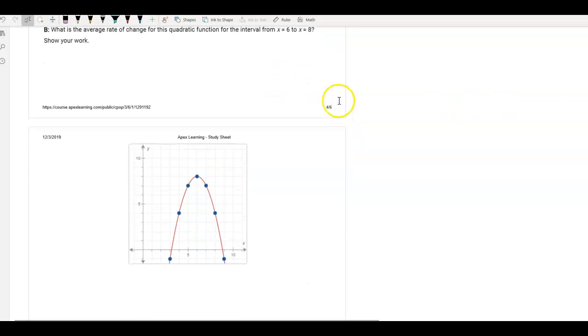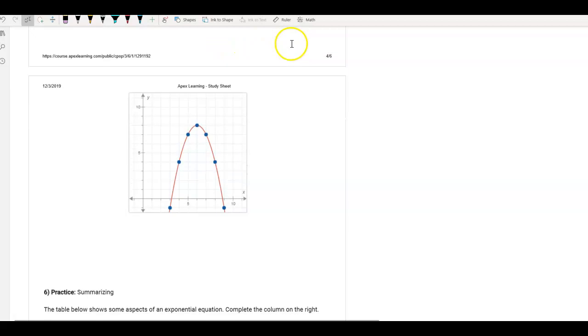Next one. What is the average rate of change for this quadratic function for the interval 6 to 8? Right? So if I look, it would be 6, 8. All right. And then it would be 8, 4.